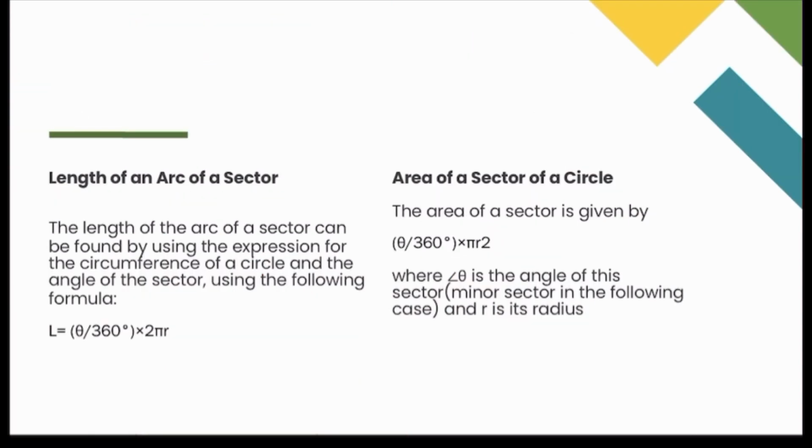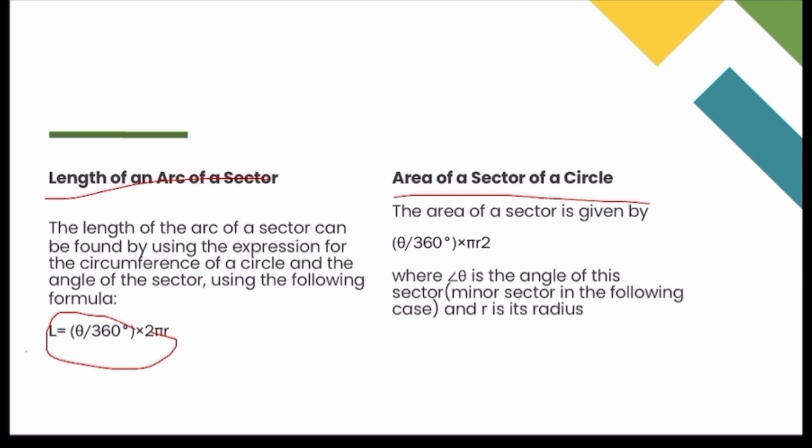Now these are the two formulas that you need to learn from this chapter: the length of an arc of a sector and the area of a sector of a circle. The length of the arc of a sector can be found by using the expression for the circumference of a circle and the angle of the sector. This is the formula: L is equal to theta by 360 into 2 pi r.